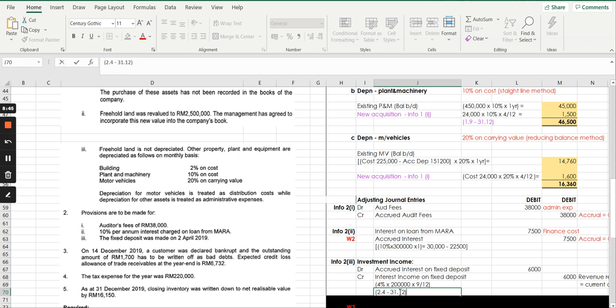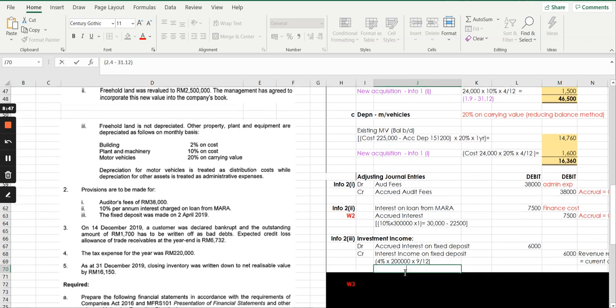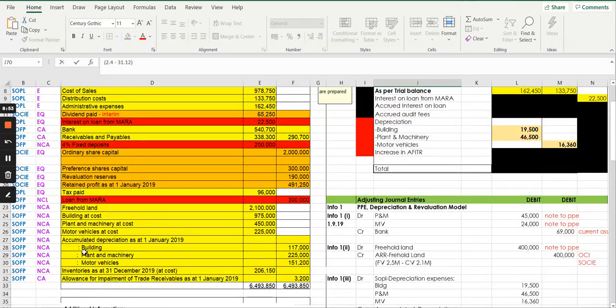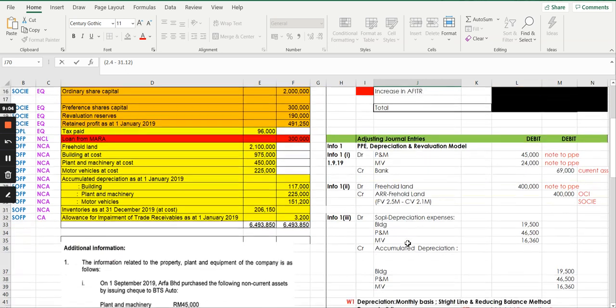That was for 9 months. If you check in your trial balance, there is no accrued interest revenue given. For interest related to expenses, yes, but for the income, none.